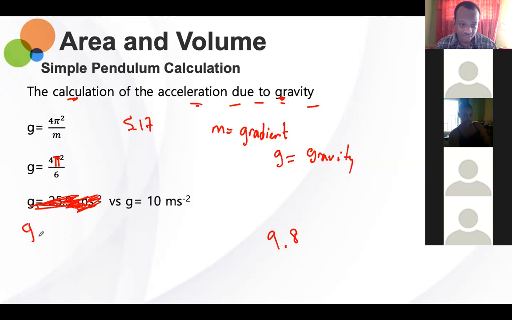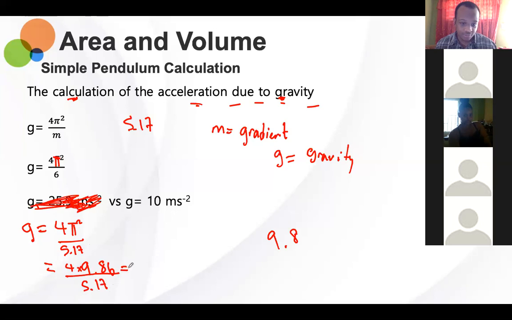So we have G equals 4 pi squared over 5.17. Pi squared, if you times pi by pi, you're going to get approximately 9.86. You're going to get about 9.86 times 4 over 5.17.